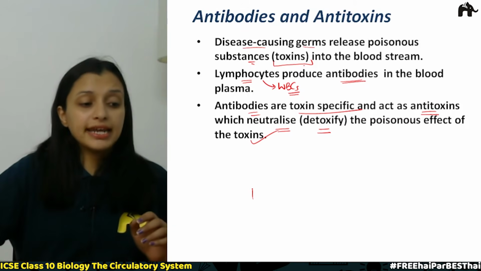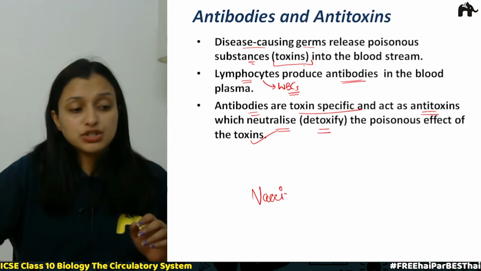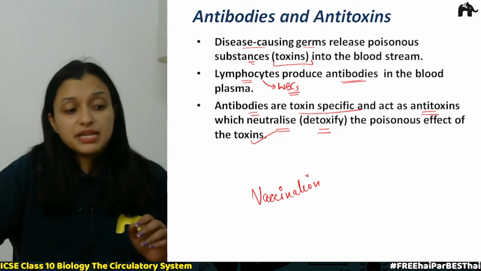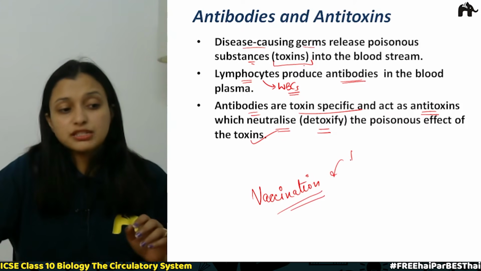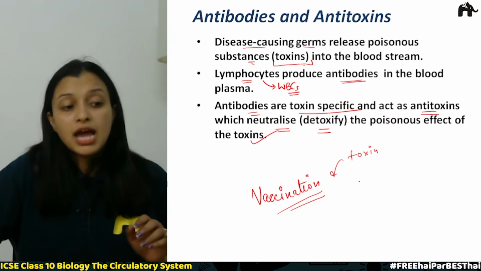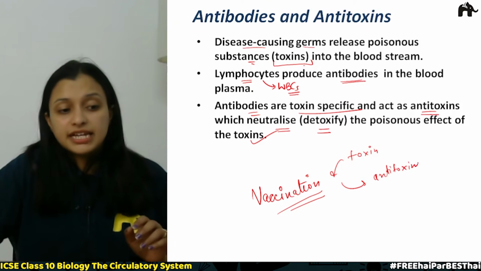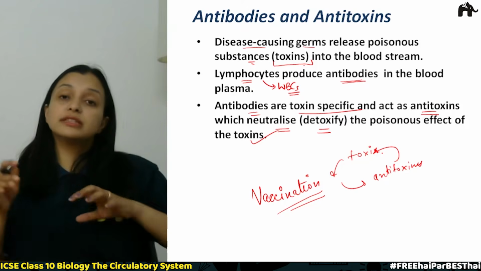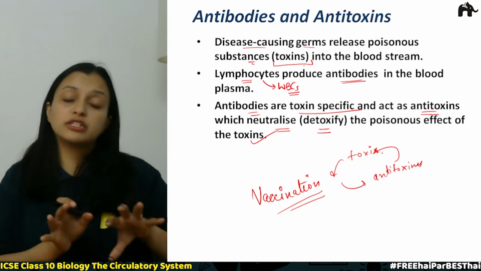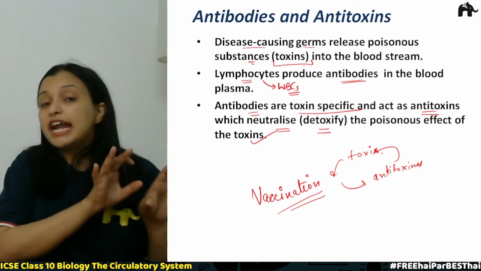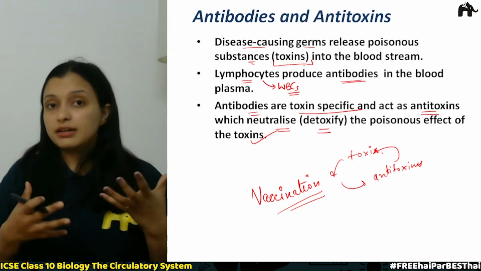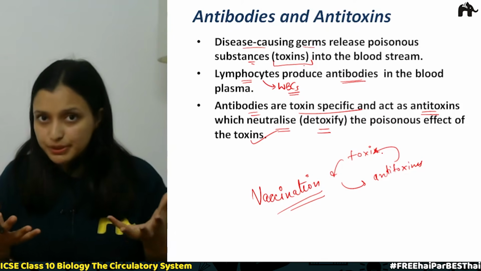And this is the underlying principle of vaccination. As soon as the toxin enters the body, our body produces antitoxins, right? These antitoxins act on the toxin, neutralize or detoxify its effect, and finally our body recovers from that particular toxin.